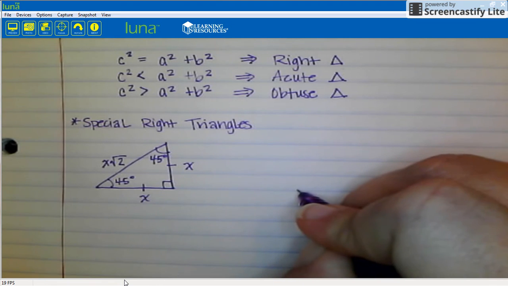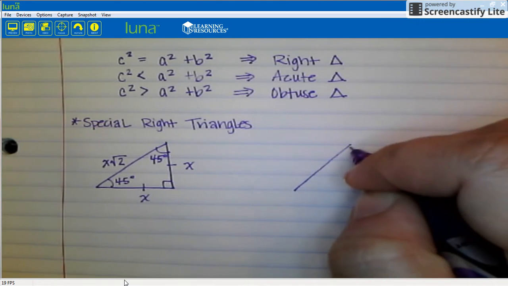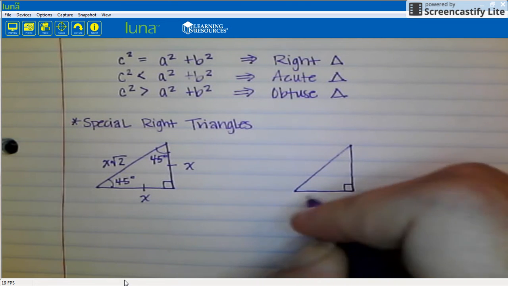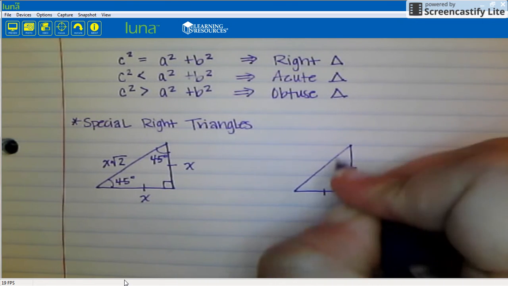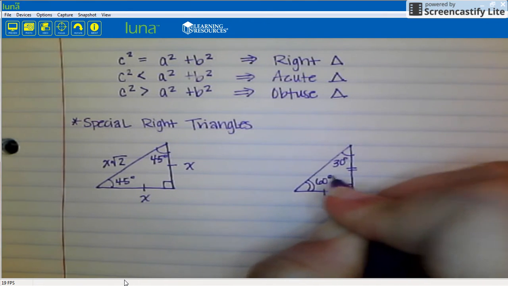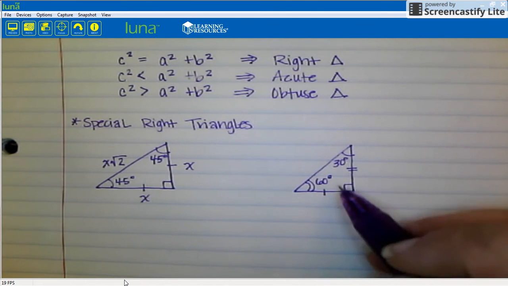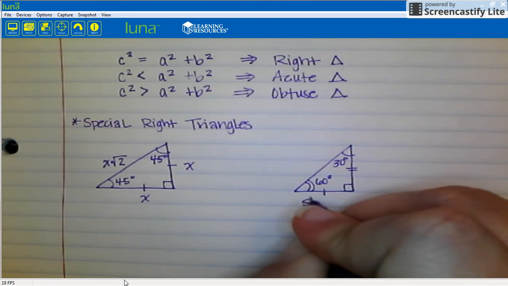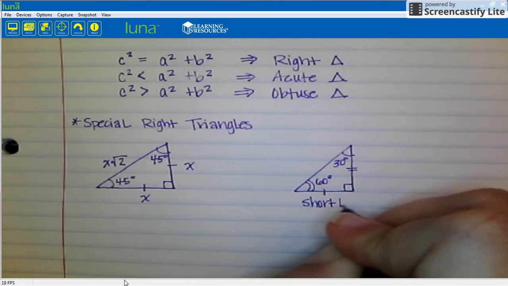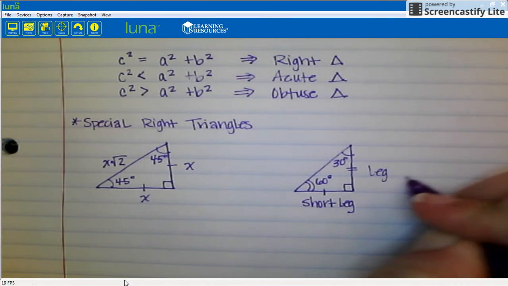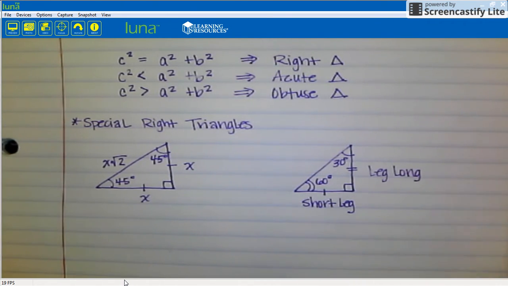And then in addition to that, we have the 30-60-90 right triangle, where this angle is 30 and this angle is 60. What we know about it is the side opposite the 30-degree angle is what we refer to as the short leg, and the side opposite the 60-degree angle is what we know as the long leg.